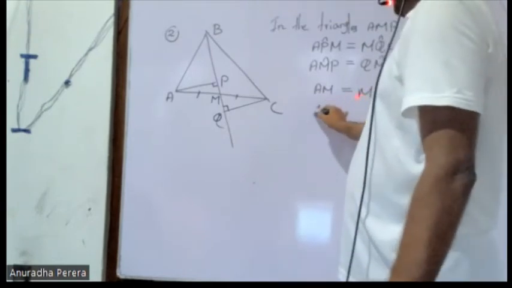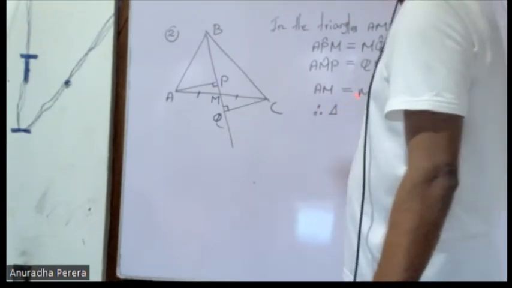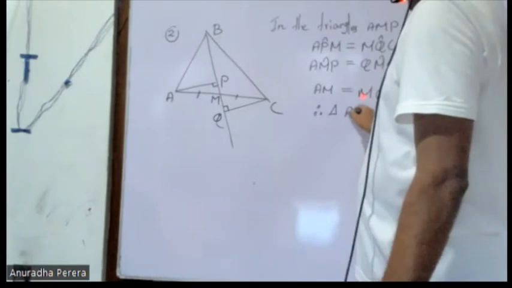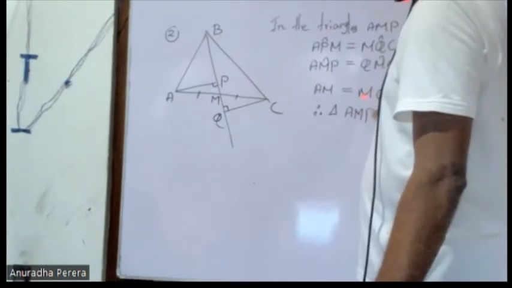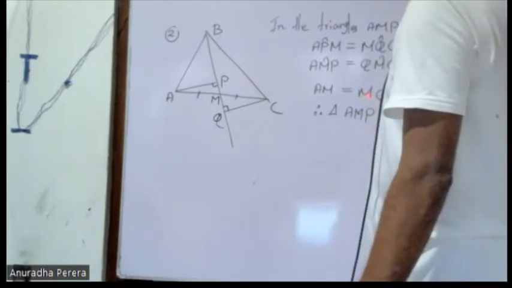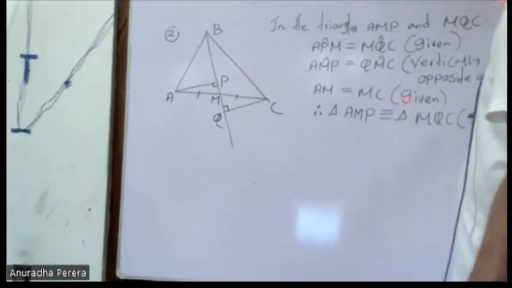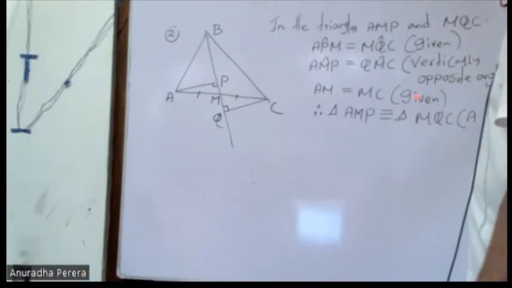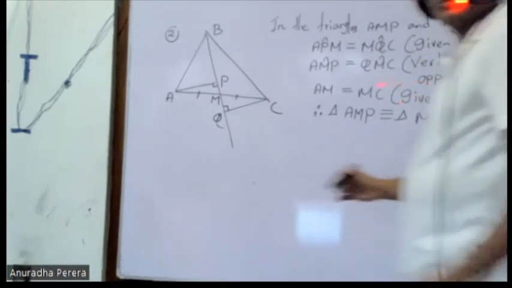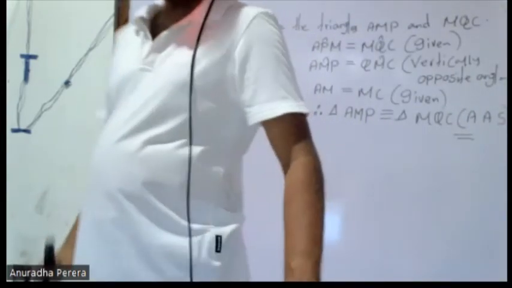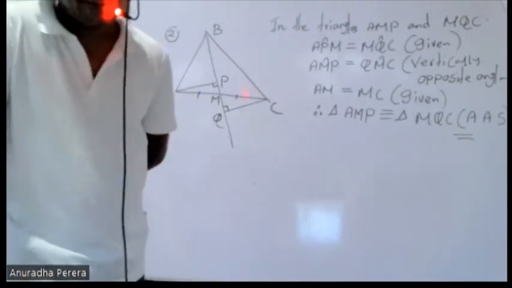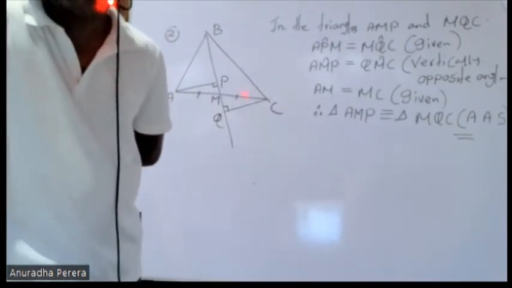Therefore, triangle AMP is congruent to triangle MQC under the case angle, angle, side. Correct, under the case angle, angle, side.